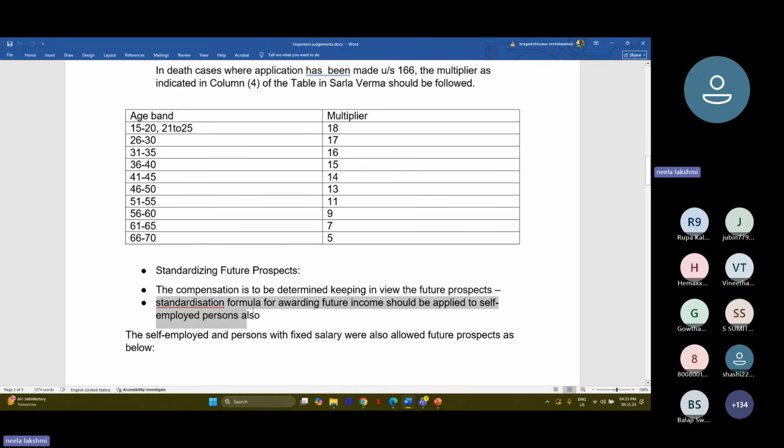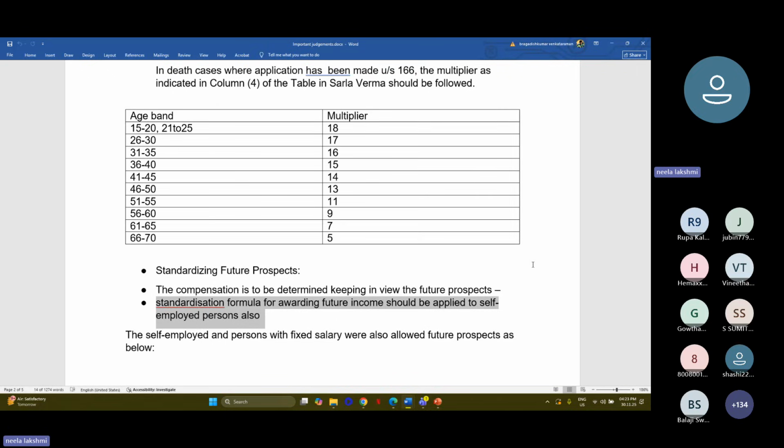Here, see this. The standardizing formula for awarding future income should be applied to self-employed persons also. Whereas the Sarala Varma case introduced it and allowed it only for people working in organized sectors.